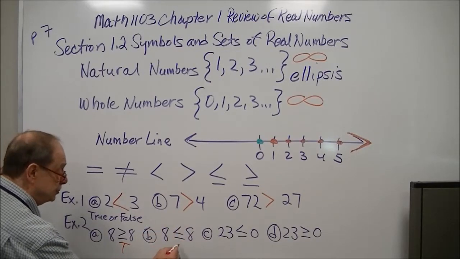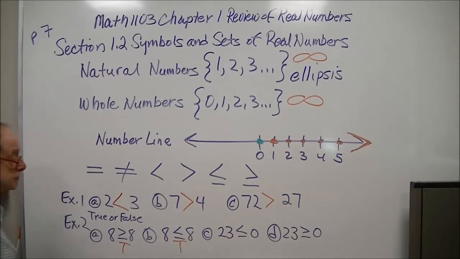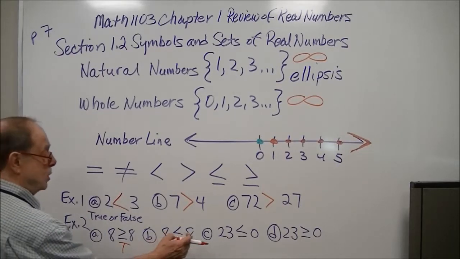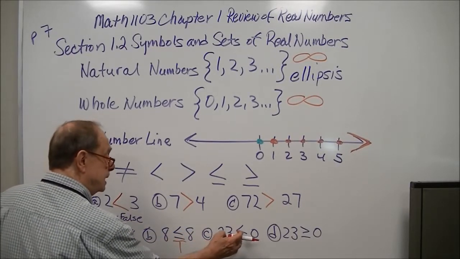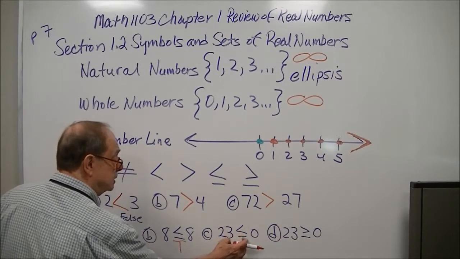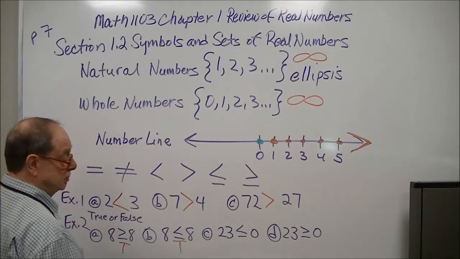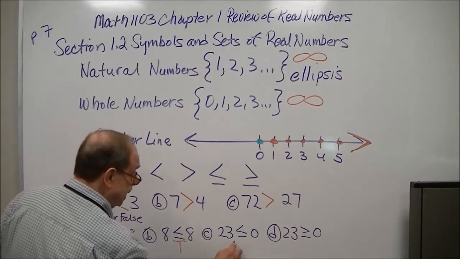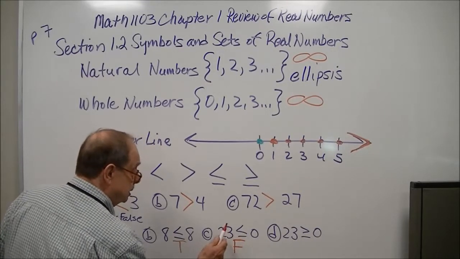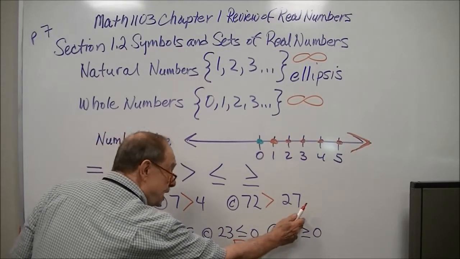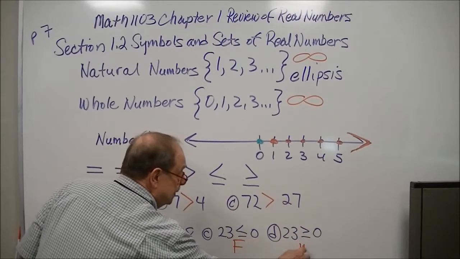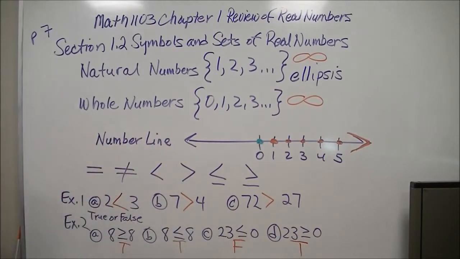Again, one part is true. 23 is less than or equal to 0. That's not true. That's false. 23 is greater or equal to 0. That is true.